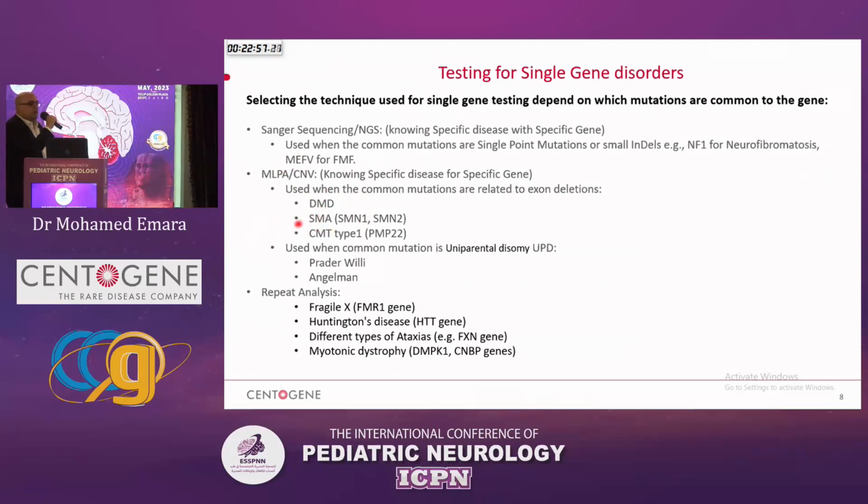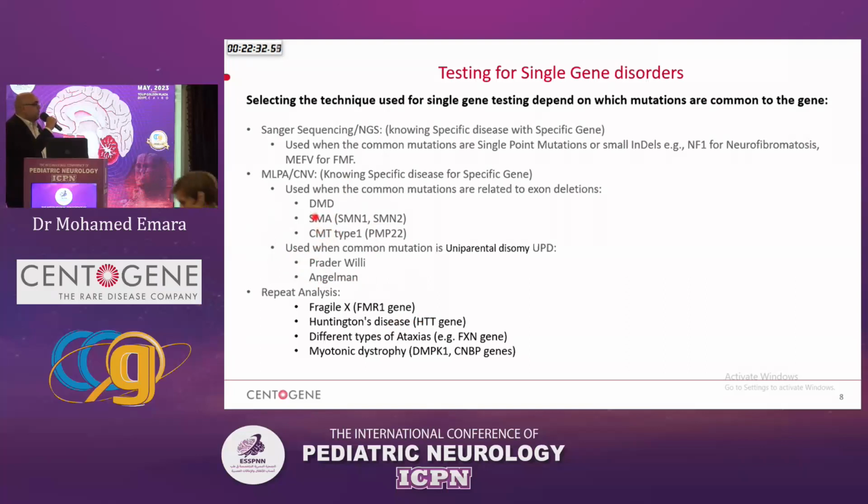Also, we have SMA, spinal muscular atrophy. We can detect SMN1 and SMN2 by MLPA in order to know the deletion in exon 7 and exon 8. For Charcot-Marie-Tooth type 1, we can go for the PMP22 deletion duplication by MLPA in order to detect Charcot-Marie-Tooth type 1.